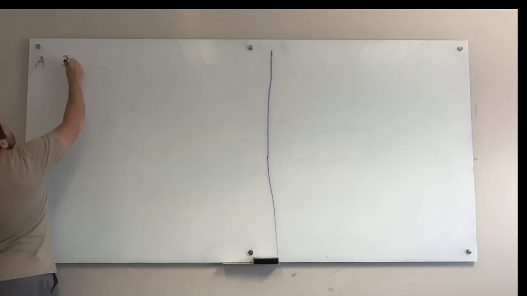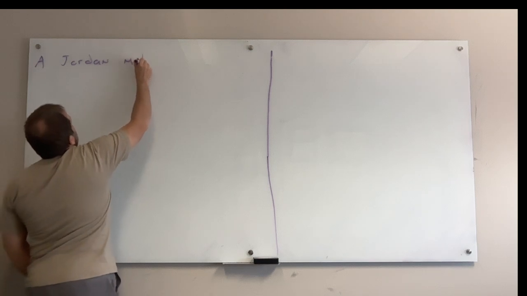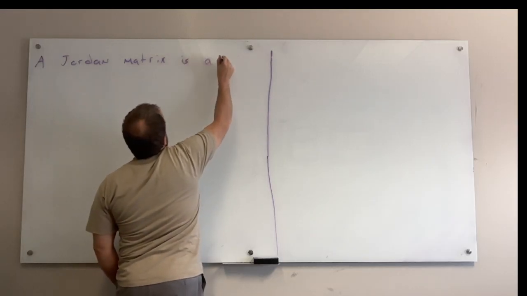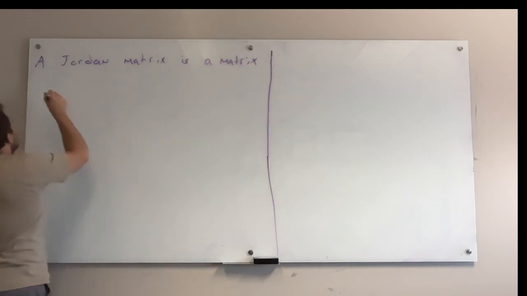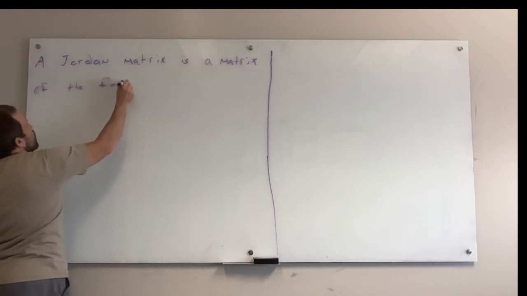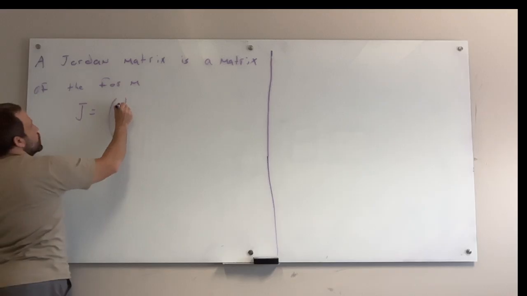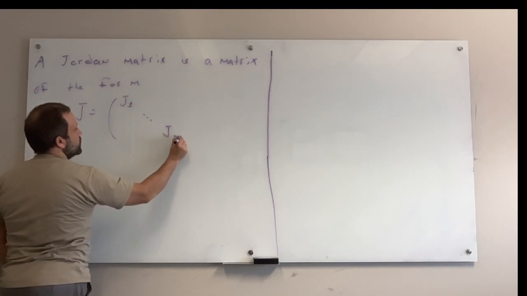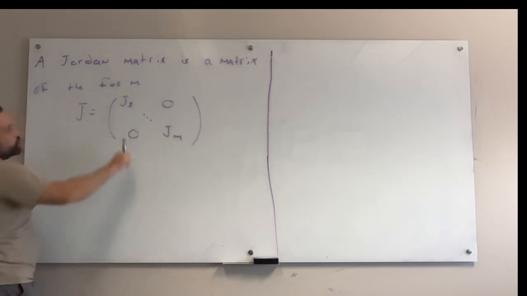A Jordan matrix is a matrix of the form J equals J_1 down to J_m with zeros elsewhere.